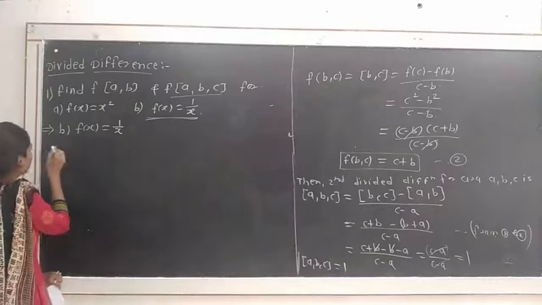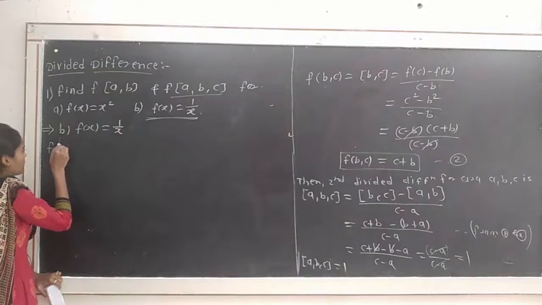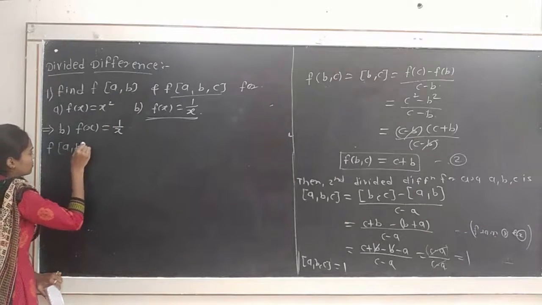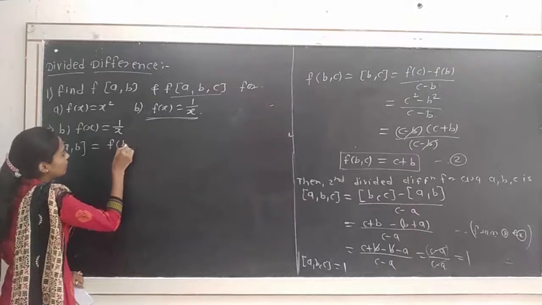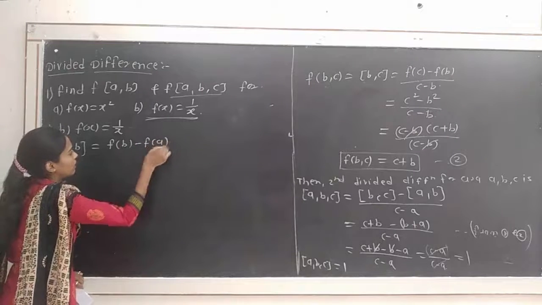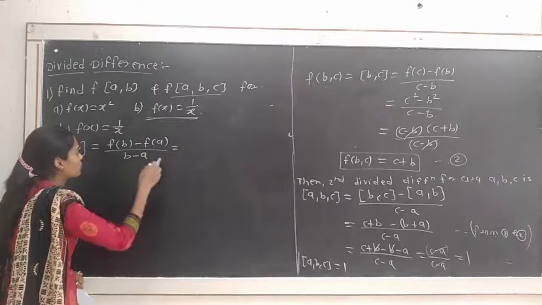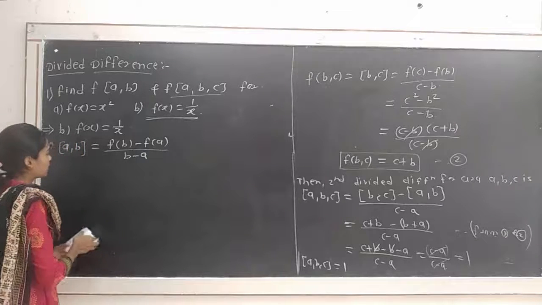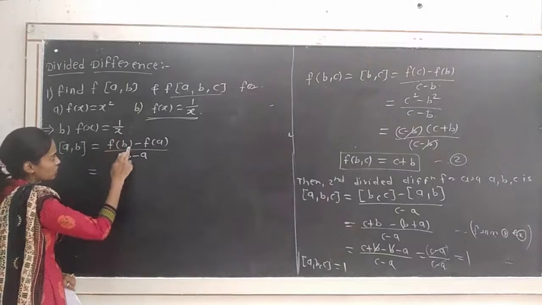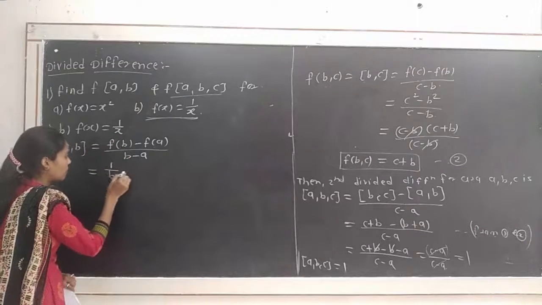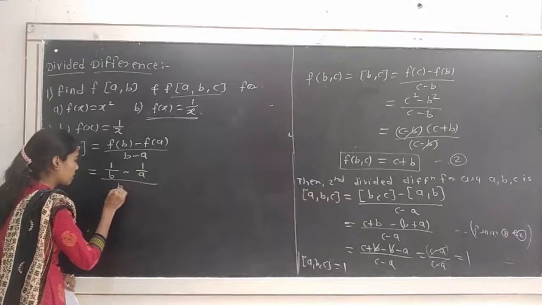So similarly we first find f of AB. f of AB is the difference f of B minus f of A divided by B minus A. By putting here values, f of x is 1 by x, so f of B will be 1 by B minus f of A, which is 1 by A, divided by B minus A.